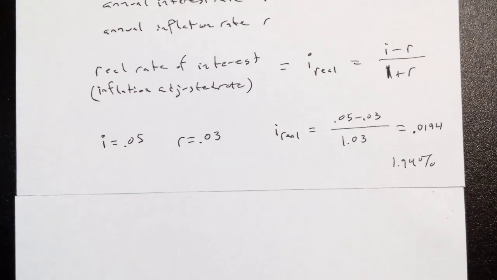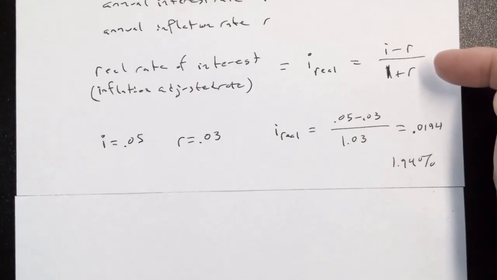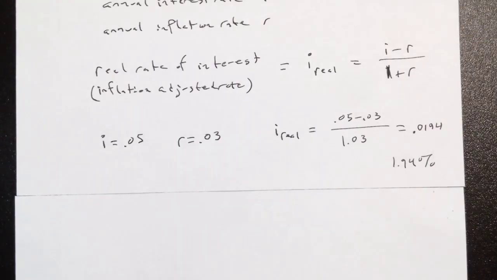What happens if the interest rate is lower than the inflation rate? I lose money because that makes this fraction negative. And that's one of the problems of higher inflation rates, that we actually will outpace rates of earnings. And that means the money you have is less valuable.